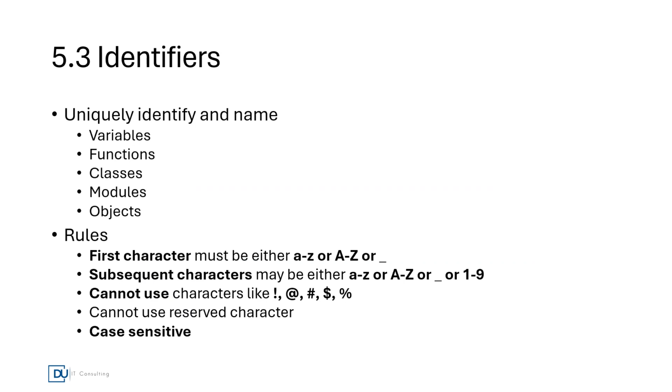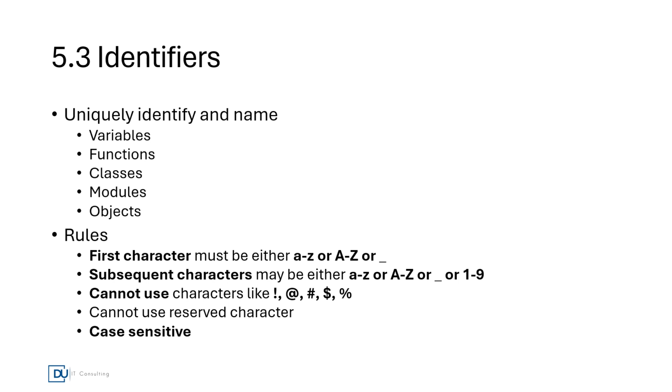Identifiers. Just like in India, we have the Aadhaar number that uniquely identifies a person in the country. In Python, we use identifiers to uniquely identify names, variables, functions, classes, modules and objects. And there are certain rules that apply.